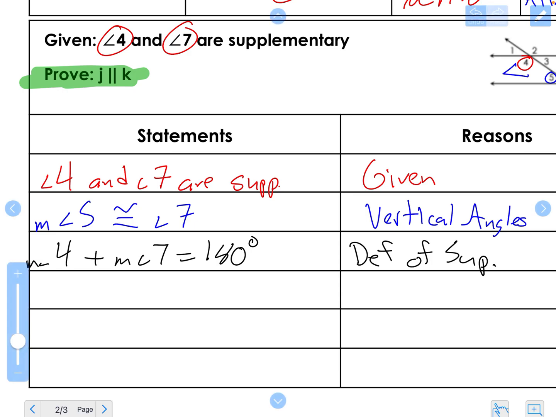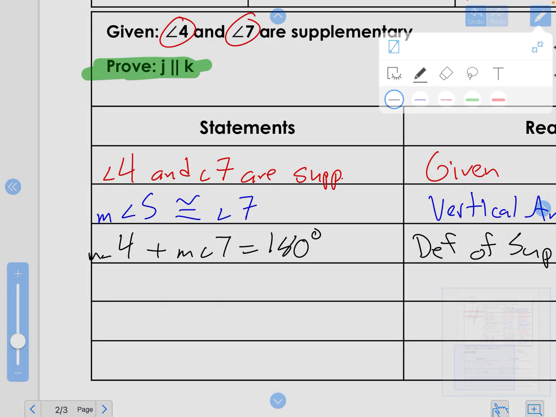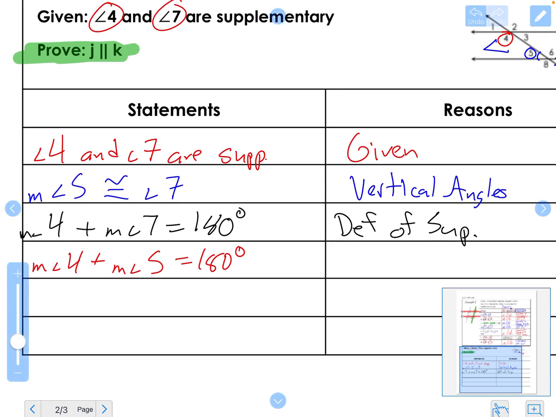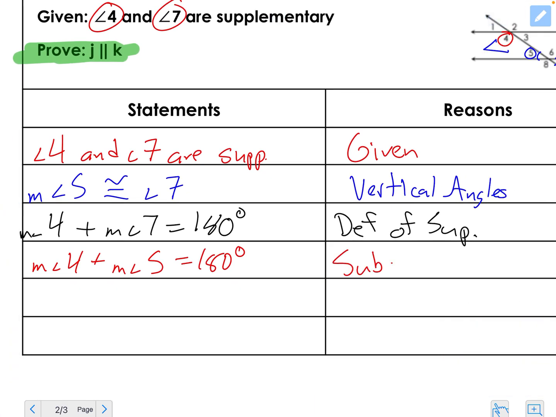Once I have proven that 4 plus 7 equals 180, now I can substitute: the measure of angle 4 plus the measure of angle 5 equals 180 degrees. Once I know that 4 and 5 are 180, again we use substitution because I simply replace 7 with 5.